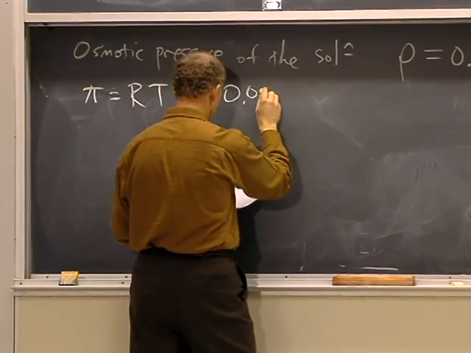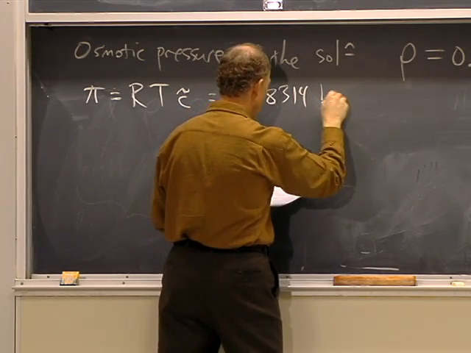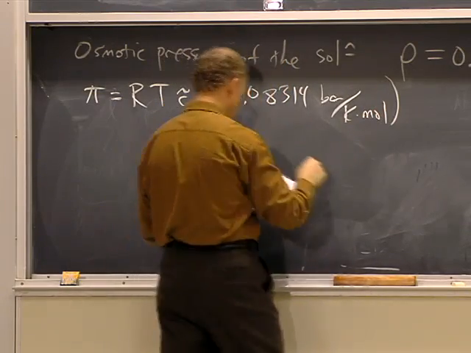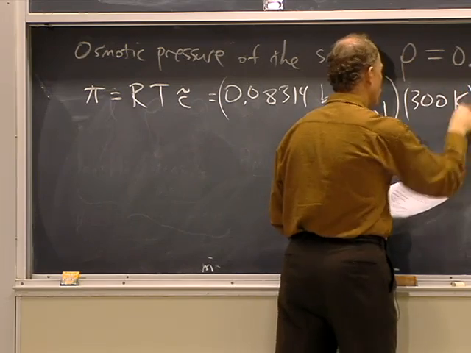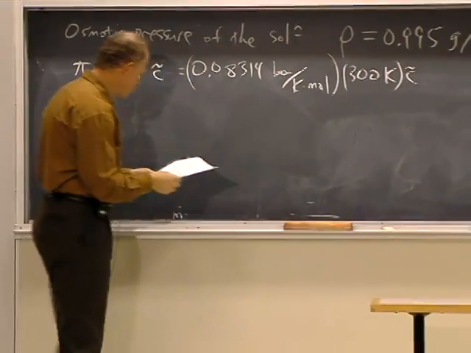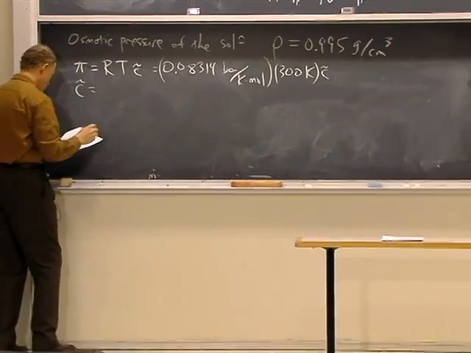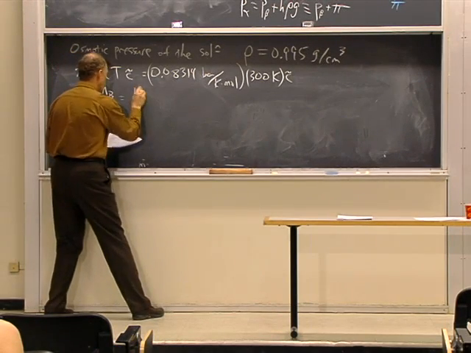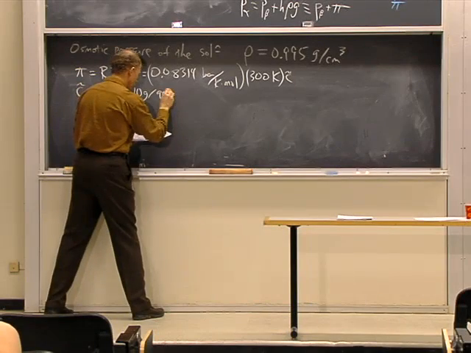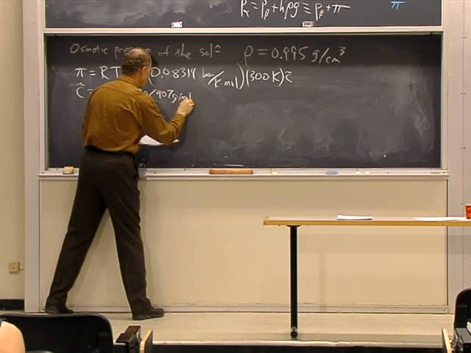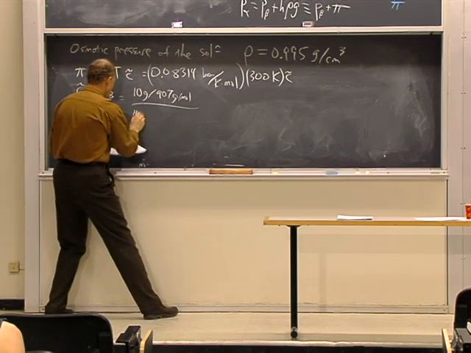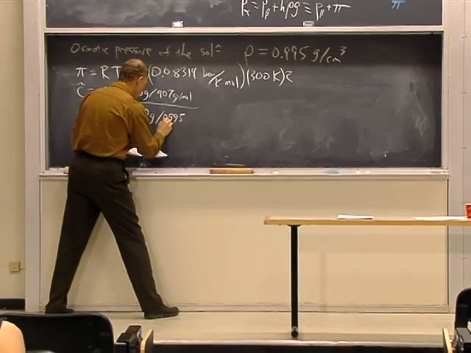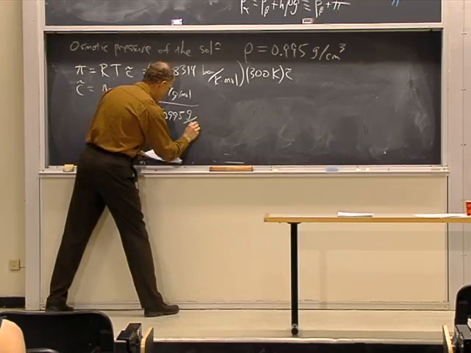That's 0.08314 bar per Kelvin mole times 300 K times C. C is NB over V, so it's 10 grams divided by 907 grams per mole over 10 grams over 0.995 grams per milliliter.